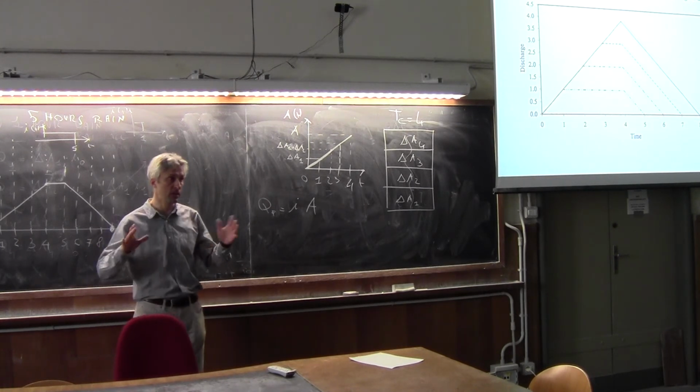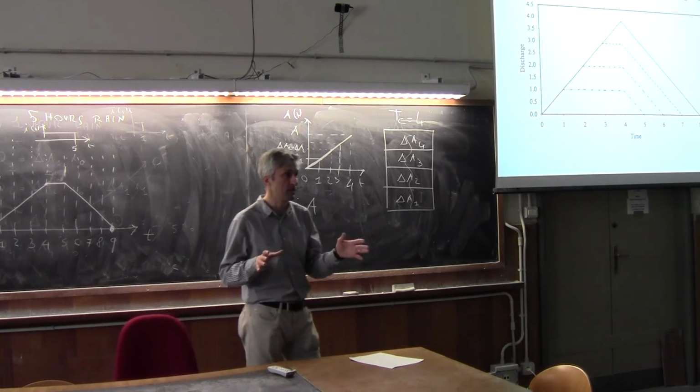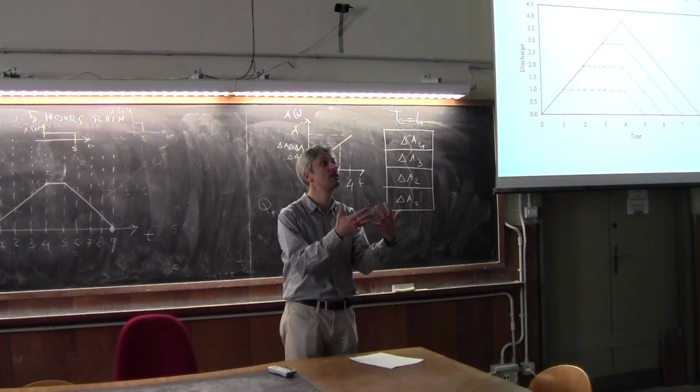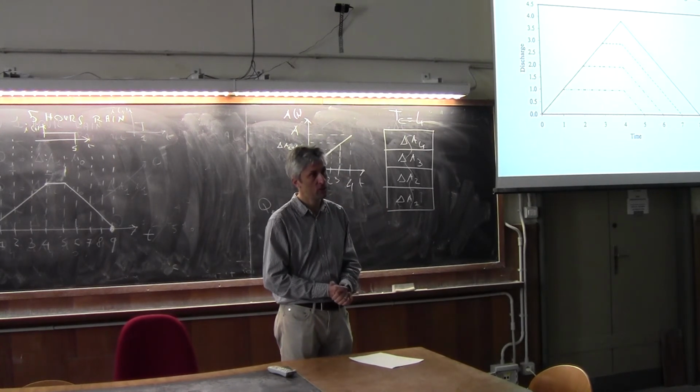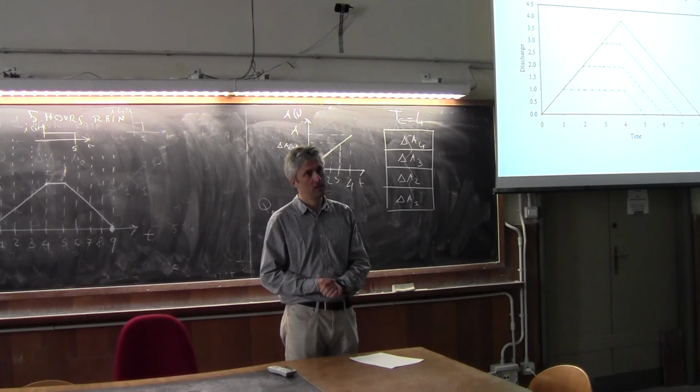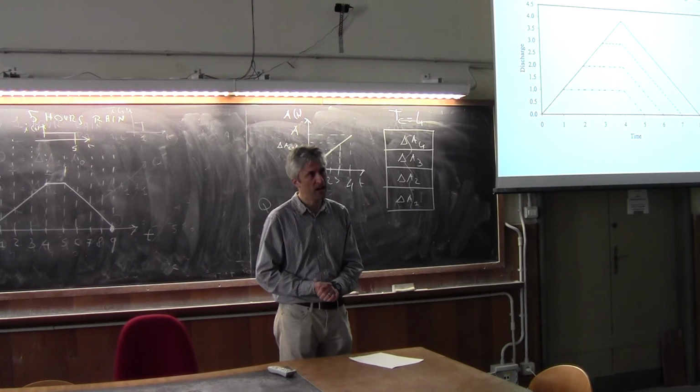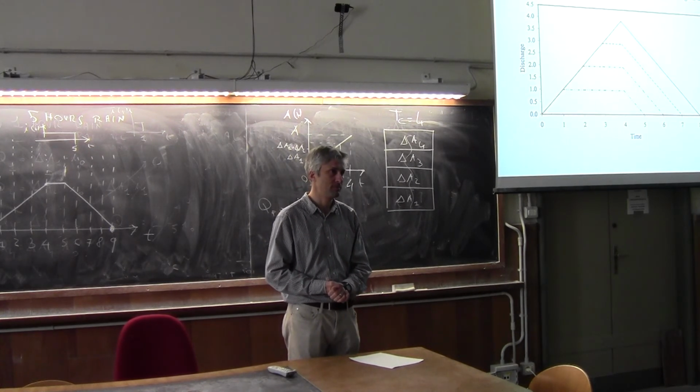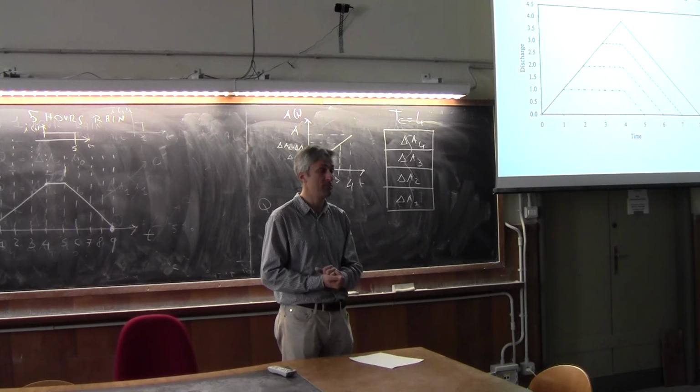So the overall conclusion is that the time area method and the rational formula are strictly related. And you can understand the reasoning behind the rational formula. It is the time area method.